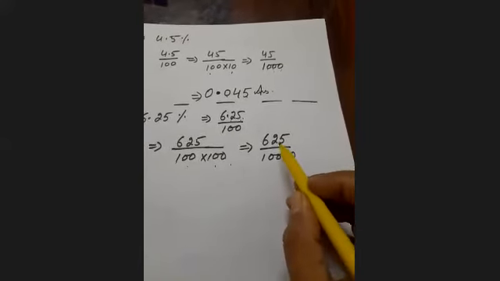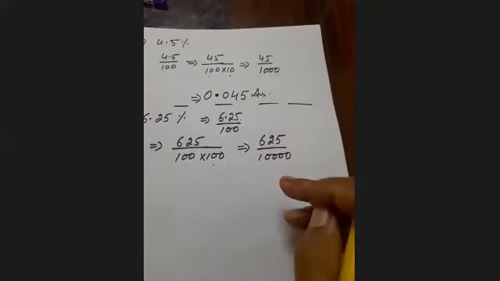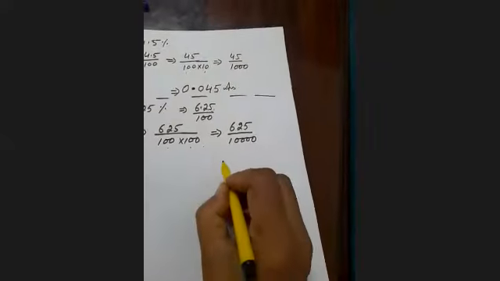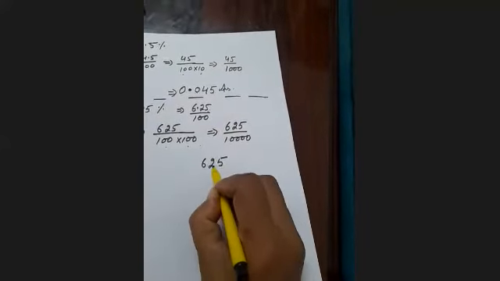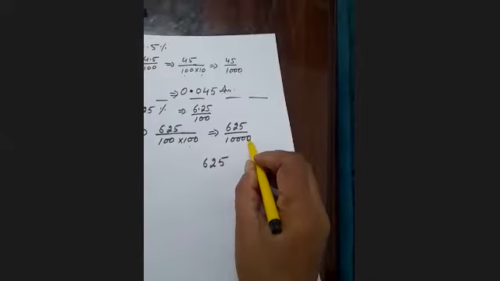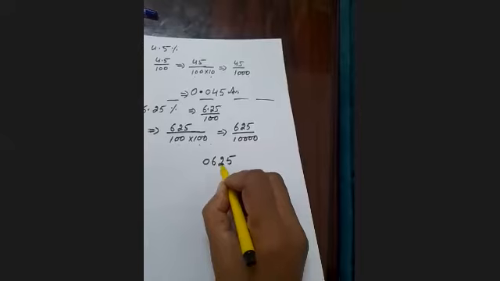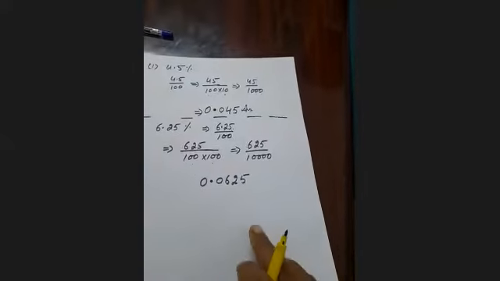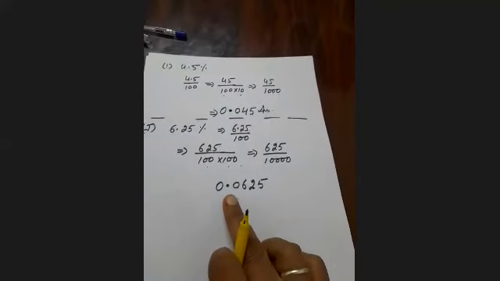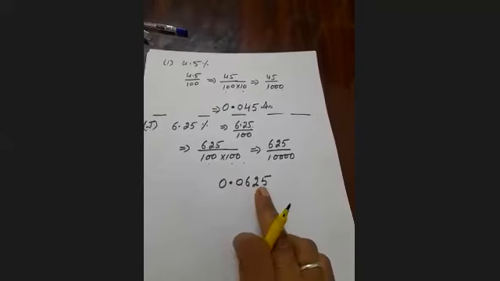So we'll set the decimal after 4 digits from the right-hand side. 5, 2, 6, 1, 2, 3. Here we have 1, 2, 3, 4, so write 0 here. Now 1, 2, 3, 4. Put your point. Now your answer is 0.0625.